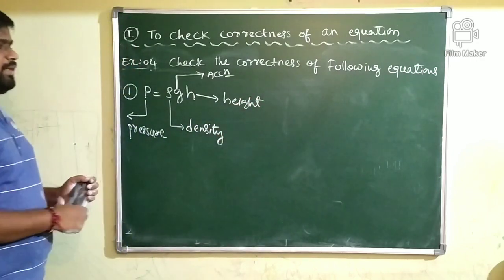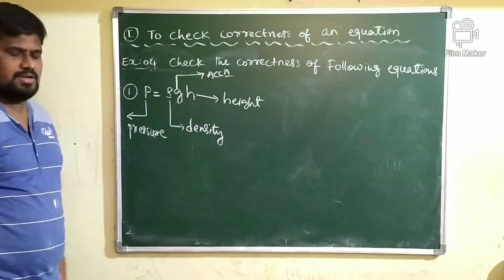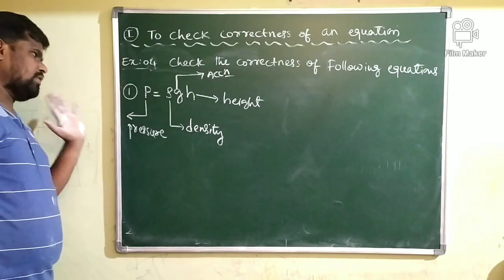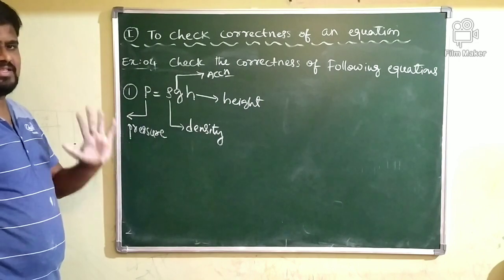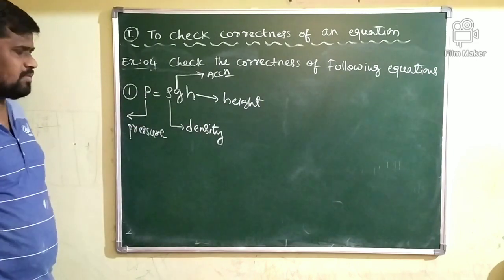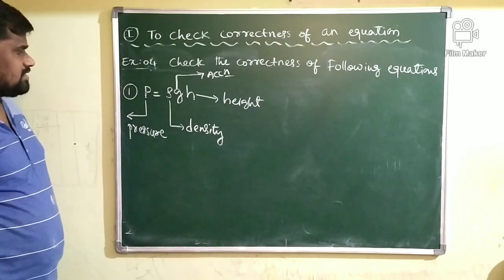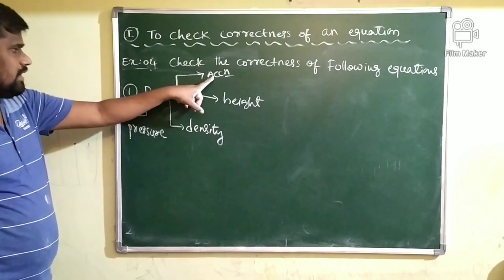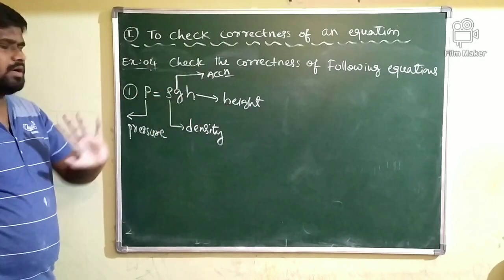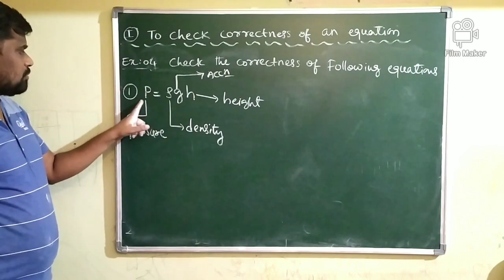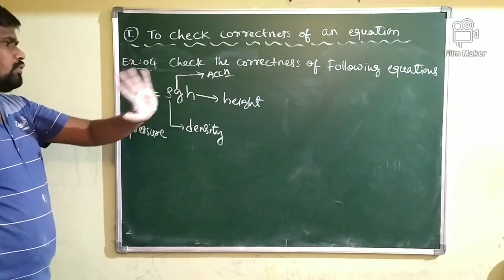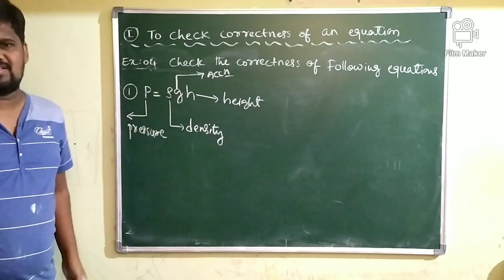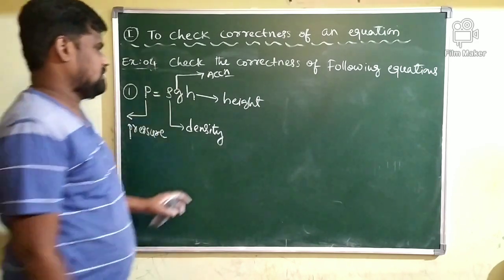Already I have given the meaning of all the terms here. Find the dimensional formula for pressure for LHS. In RHS, the first term is density multiplied by acceleration multiplied by height. Dimensional formula for LHS should be equal to the dimensional formula for RHS. Then the equation is correct. So this is the first one.